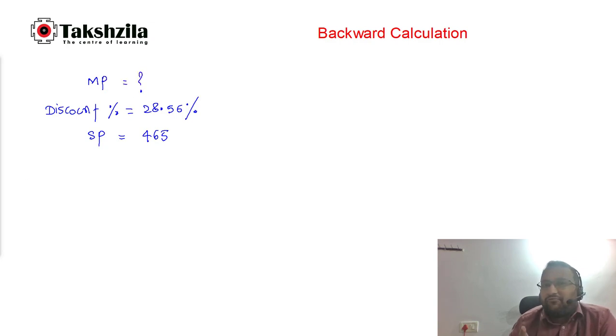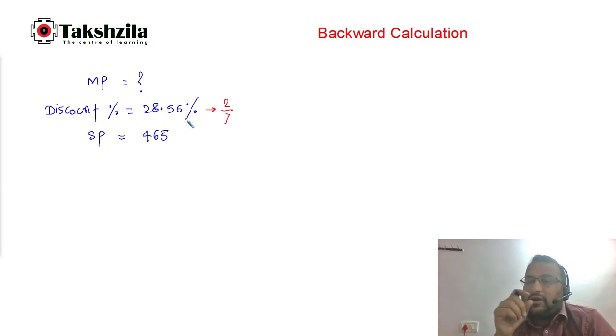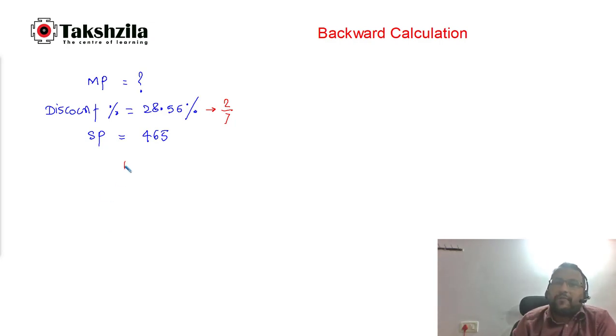The first thing that we need to identify is 28.56% is nothing but 2 by 7. It means on every 7 rupee we gave a discount of 2 rupee. For example, if the mark price is 7 rupee, then the discount becomes 2 rupees, so selling price becomes 5 rupee. Now in actual, this 5 represent 465.